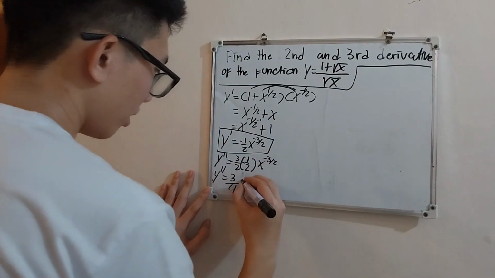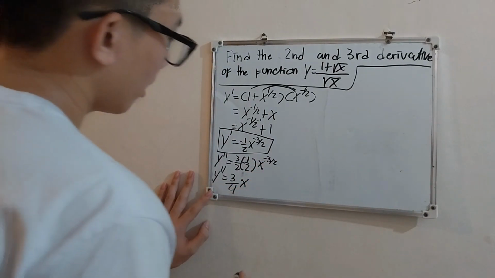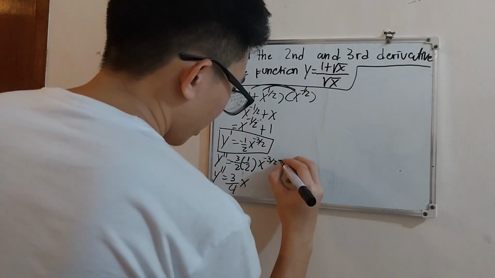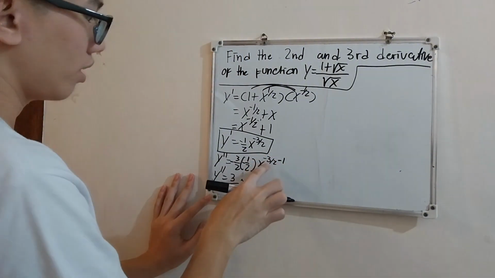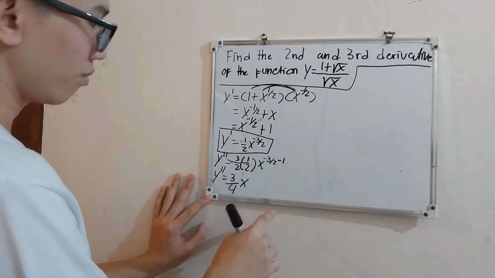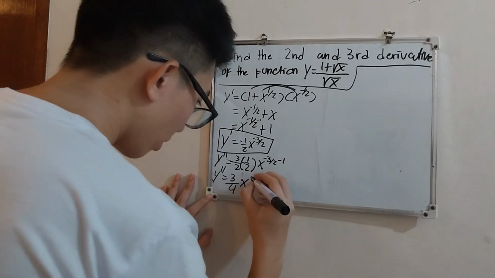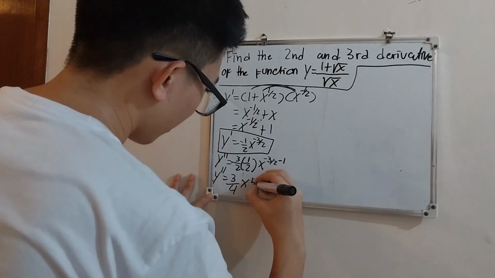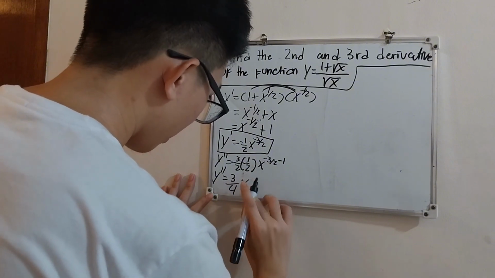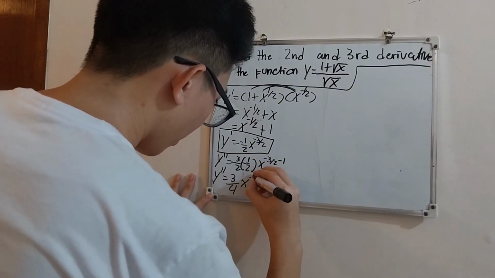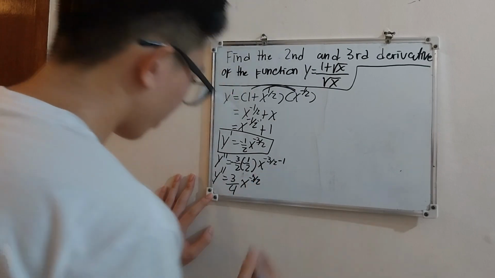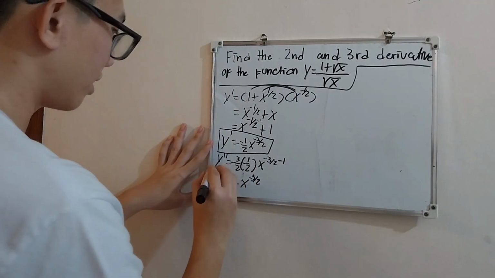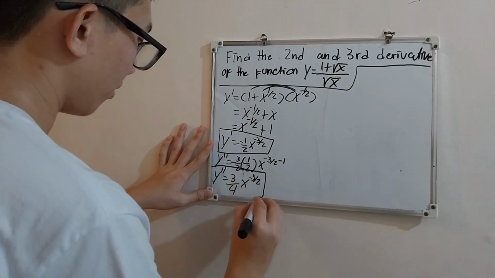Copy the x, and then since there is a minus 1, I take negative 3 over 2 minus 1, which is equal to negative 5 over 2. So this is our second derivative.